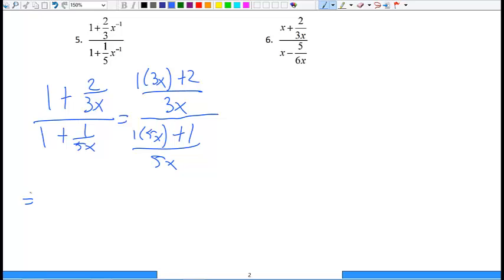Okay, so multiplying, and then it doesn't look like there's any combining like terms we can do, but I get 3x plus 2 over 3x for the numerator, and the denominator I get 5x plus 1 over 5x.